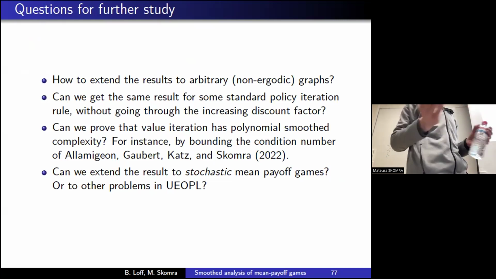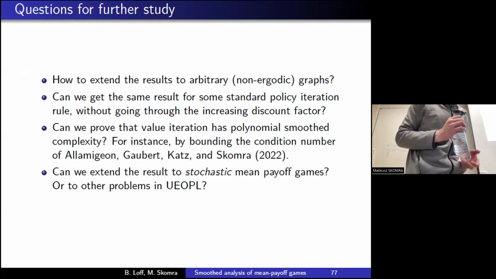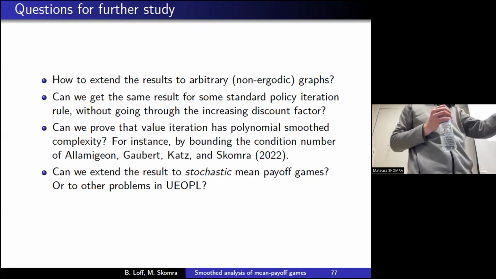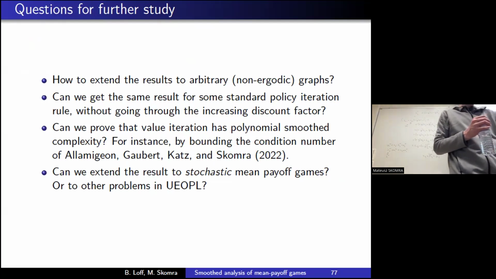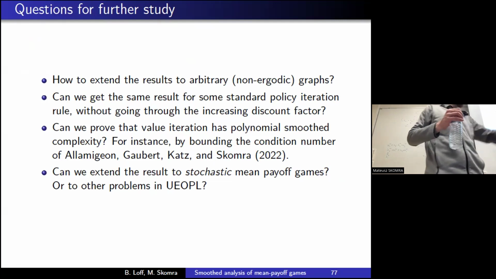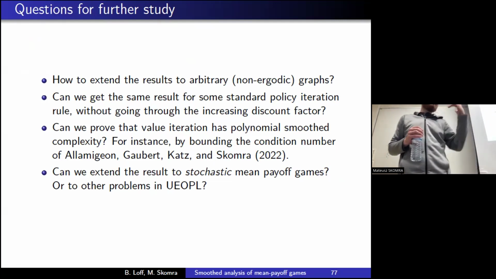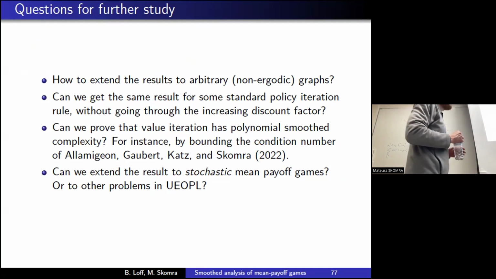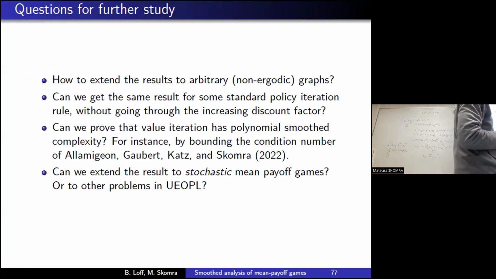We proposed some kind of method that works, but it's not the kind of method that people use, because people are interested in having a policy iteration rule and being told that this rule is fast, right? Well, we say, you will increase the discount factor and it will be fast, right?